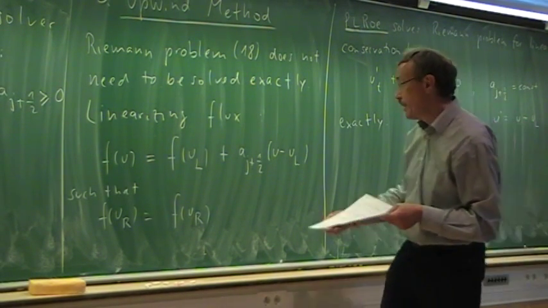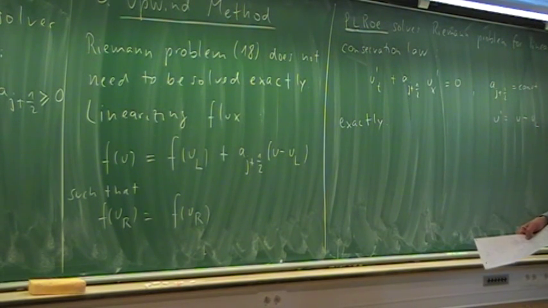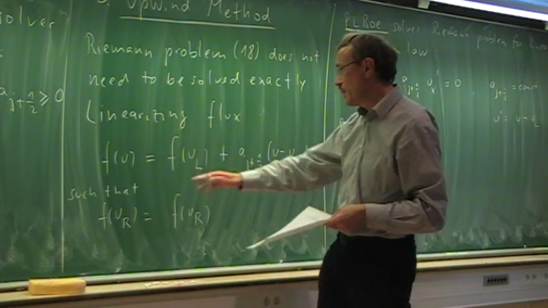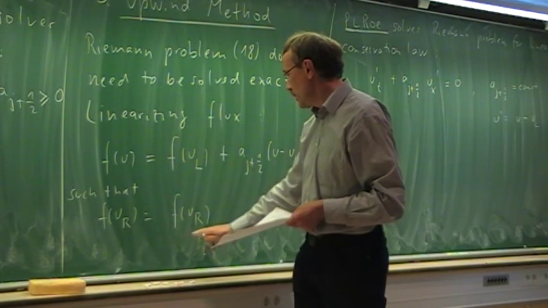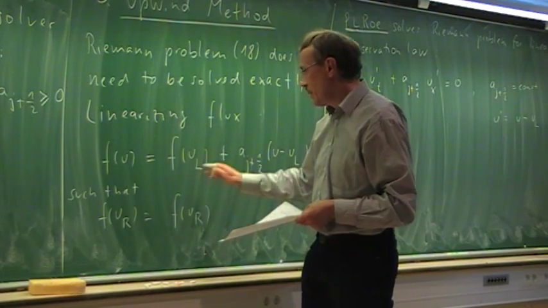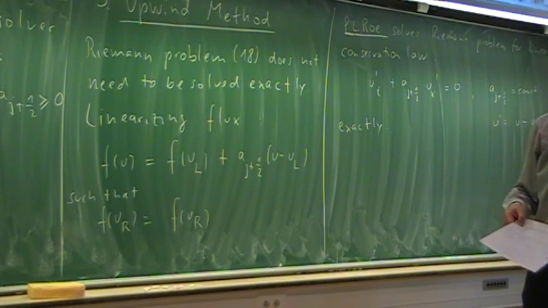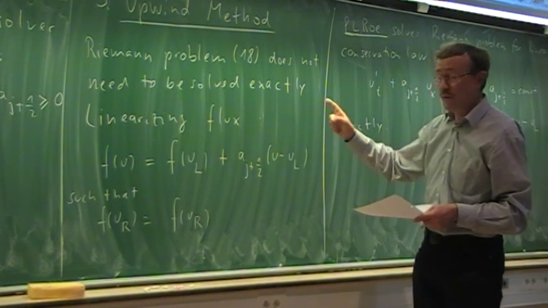well, yeah, here it is. This is the condition that we had from this here, and we want to have that this is true, that we get really the flux on the right. So in any case, when we have here the U right, we should get the F of U right.